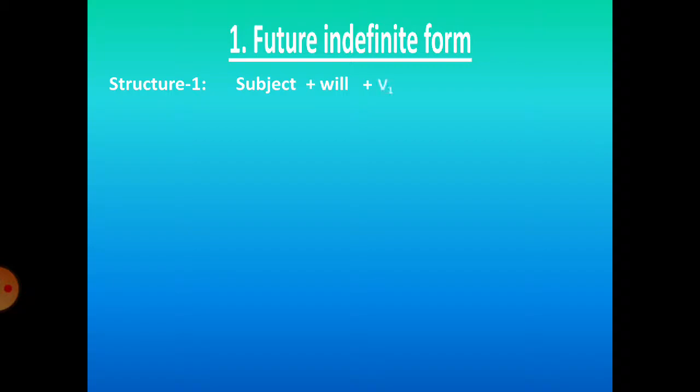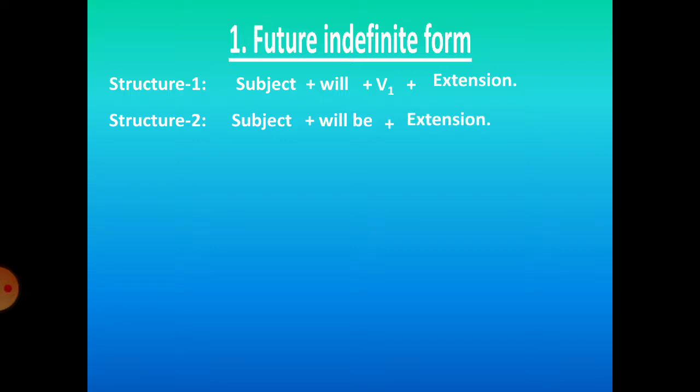Then verb 1. Verb 1 means the verb of present form. Then extension. Or subject plus will be. Sometimes be is used as the principal verb.